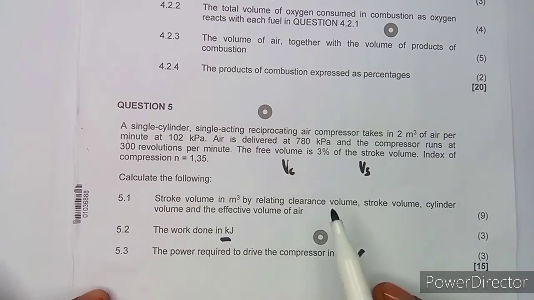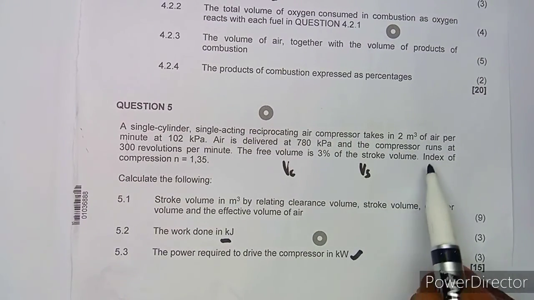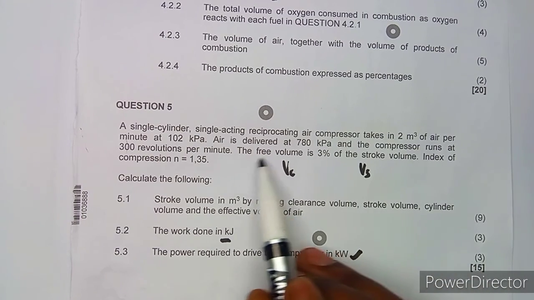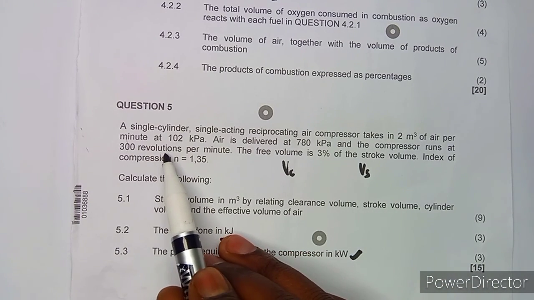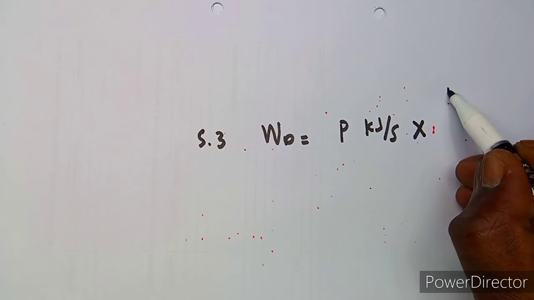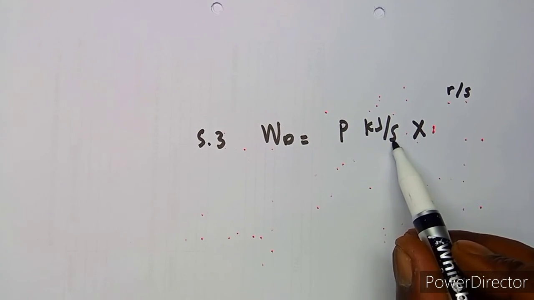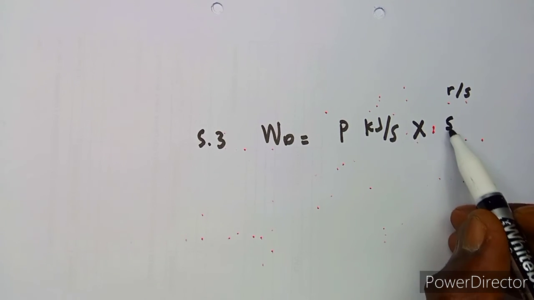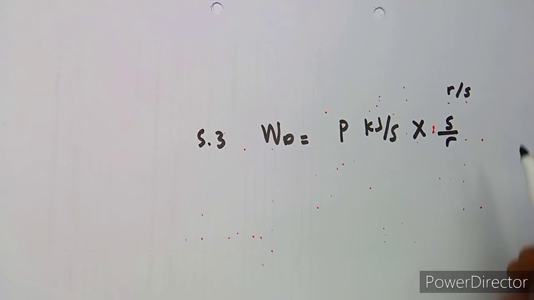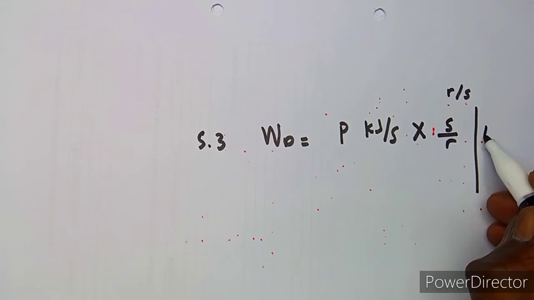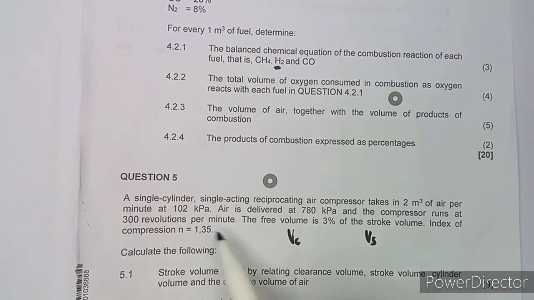I'm going back to where I have my revs per minute, because I'm given revs per minute, so I have to have this in revs per second. To remove the per second, I'm going to multiply with second over revs. So I have to convert my N, which is 300 revs per minute.